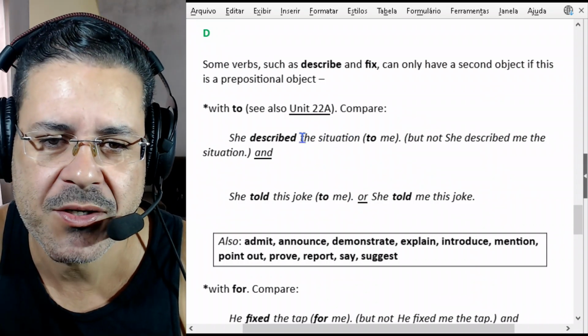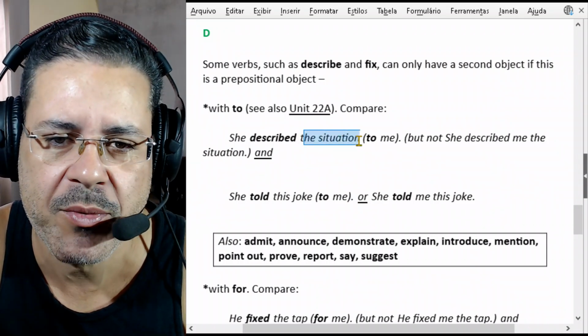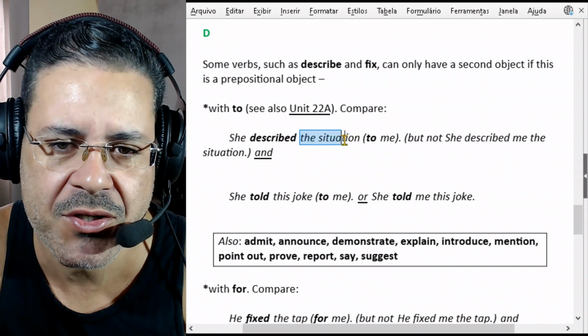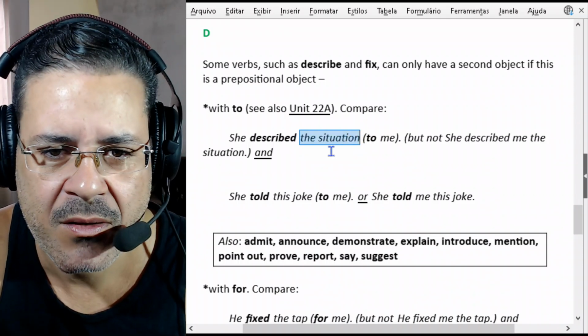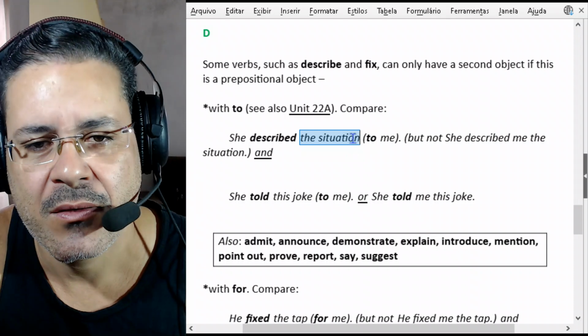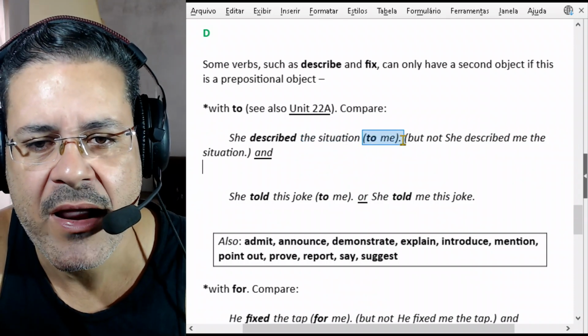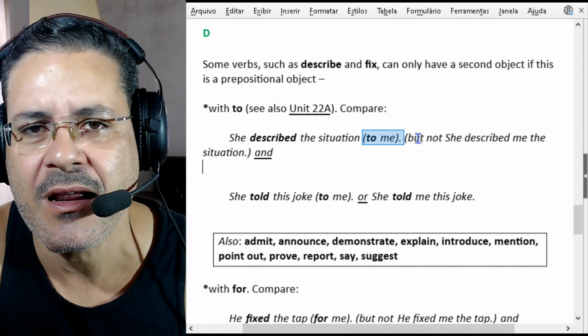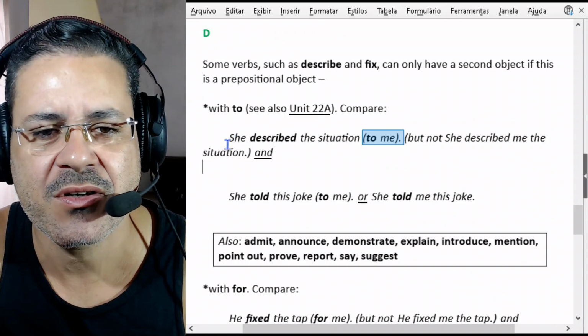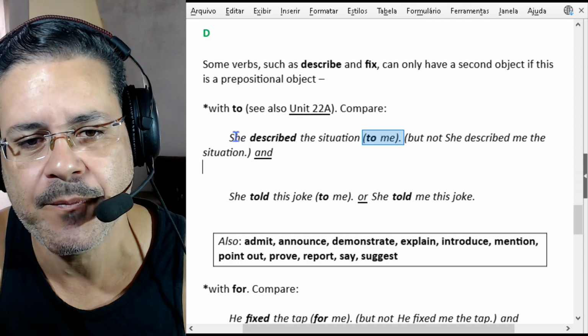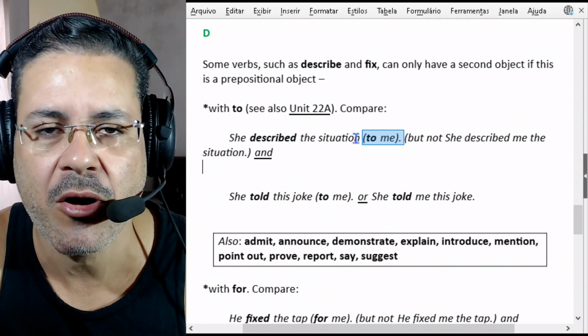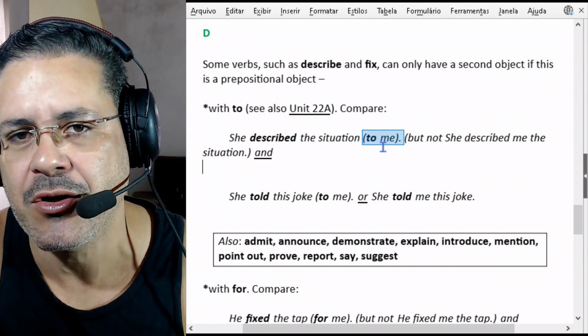The situation is the direct object. She described the situation, direct object, to me, indirect object. So basically that's what we've got: the personal pronoun, the verb, the direct object, and the indirect object.